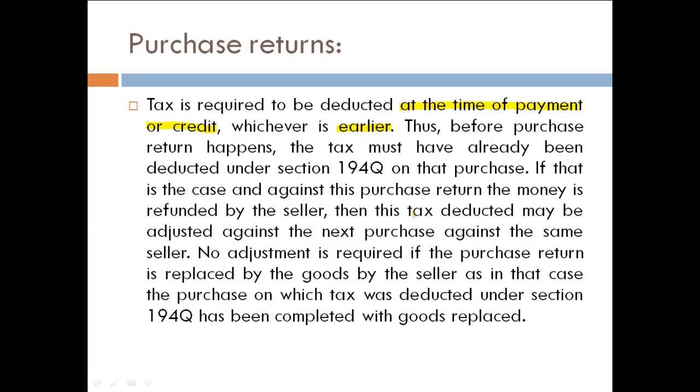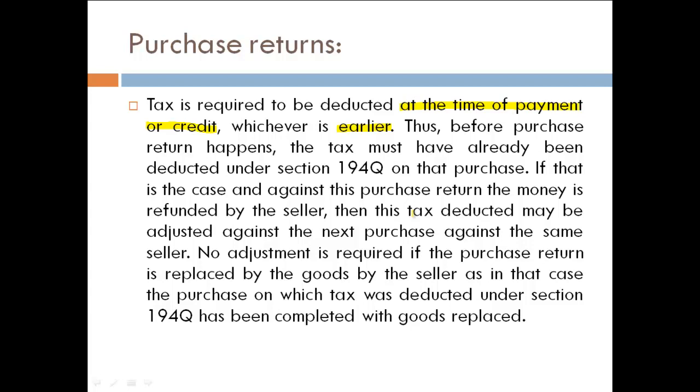If that is the case, and against this purchase return the money is refunded by the seller, then this tax deducted may be adjusted against the next purchase against the same seller.